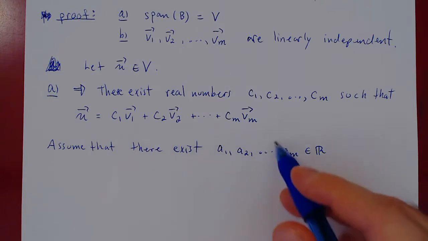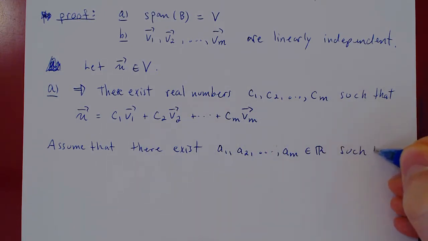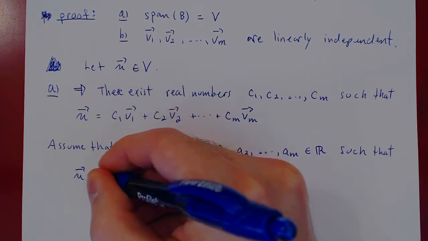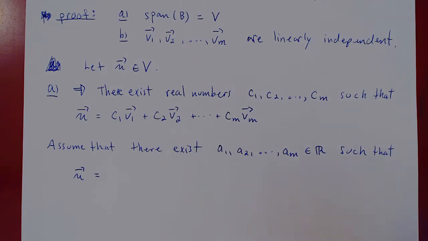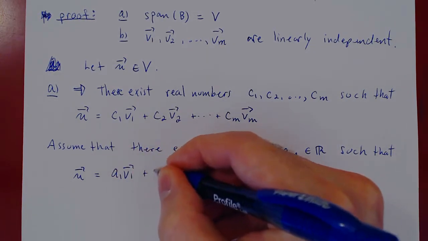So assume that there exists another set of m real numbers such that u is now this possibly different, who knows, linear combination of the basis vectors.